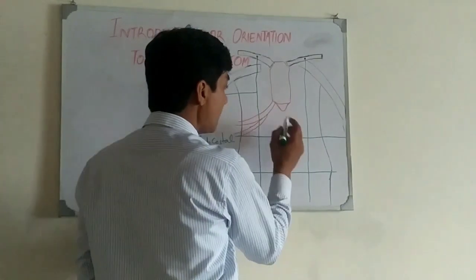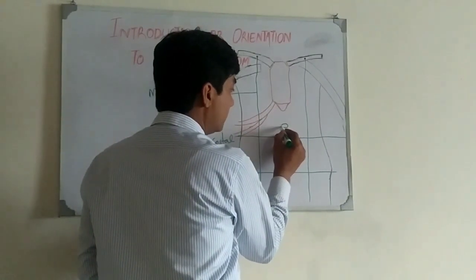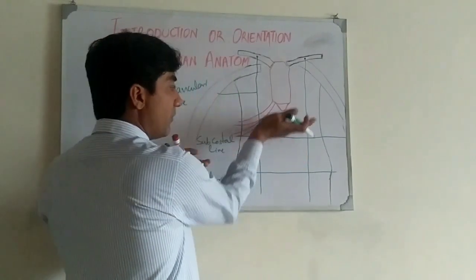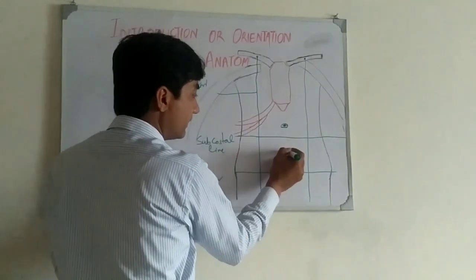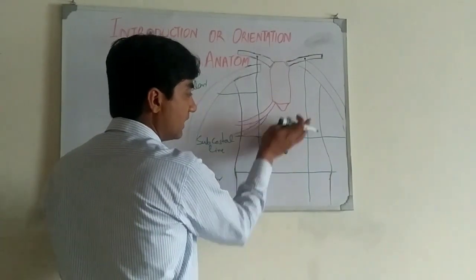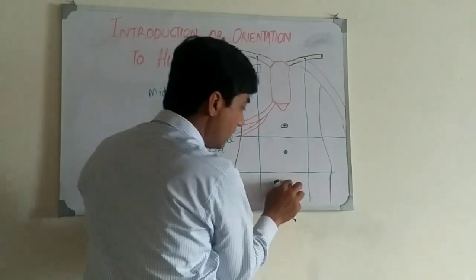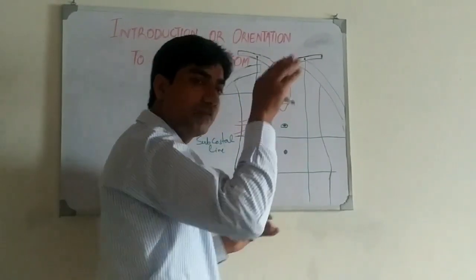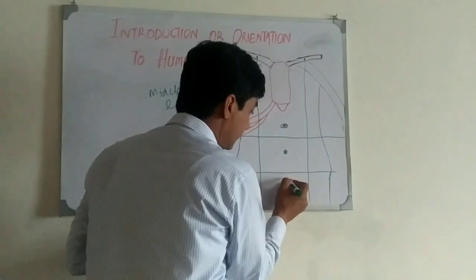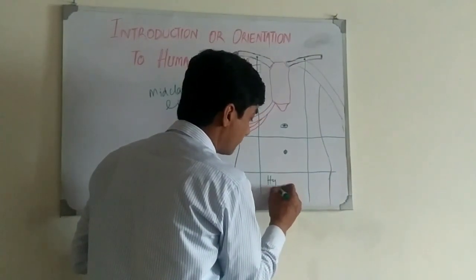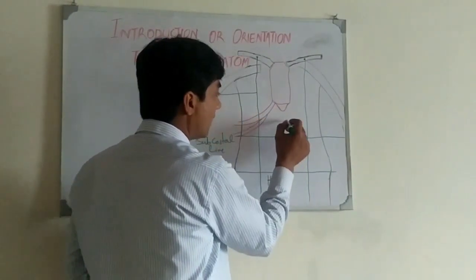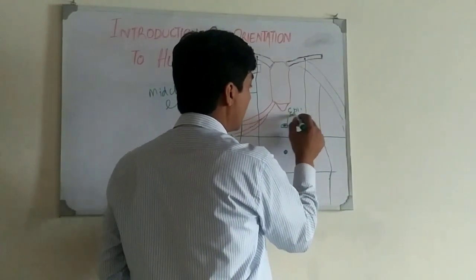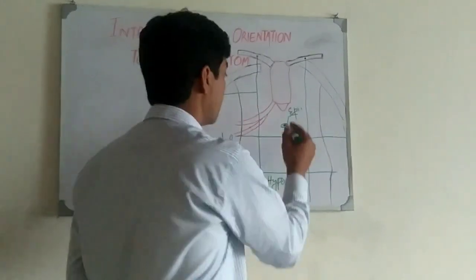So this region is above the umbilicus. Here is the umbilicus, and here is below the umbilicus. So this region is found at the lower side, and this region is called hypo. This is called epi, because epi means upper or upon.